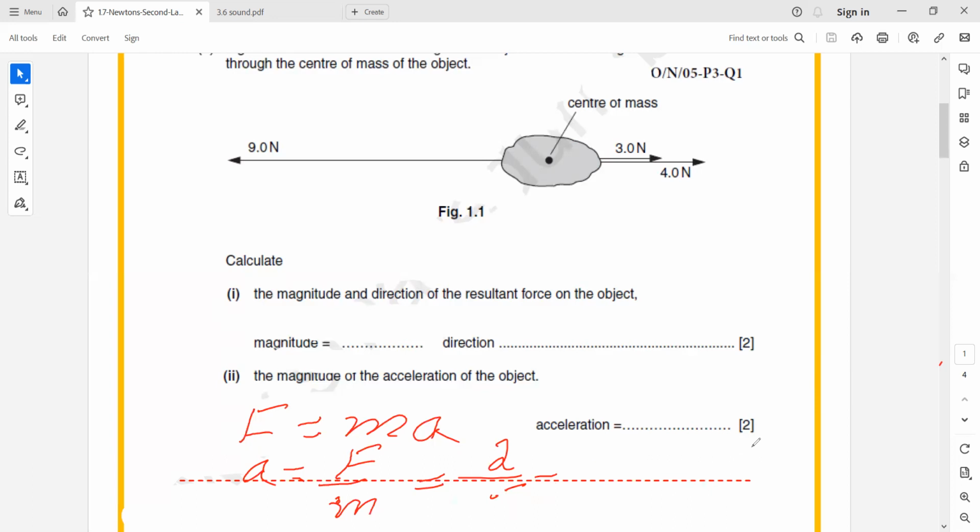So this is one of the practice questions or past paper questions for Newton's second law of motion. Now we are doing some more questions.